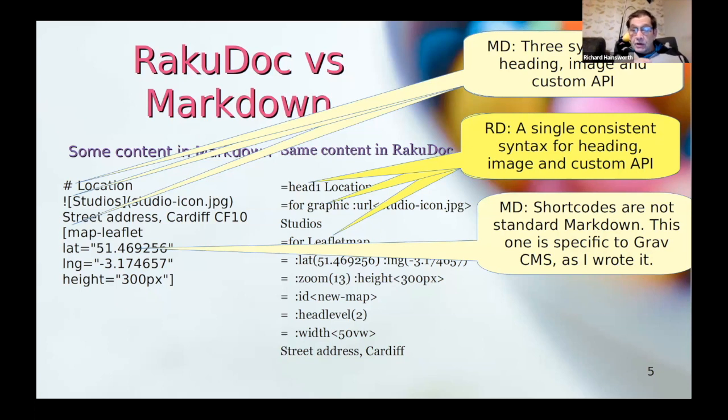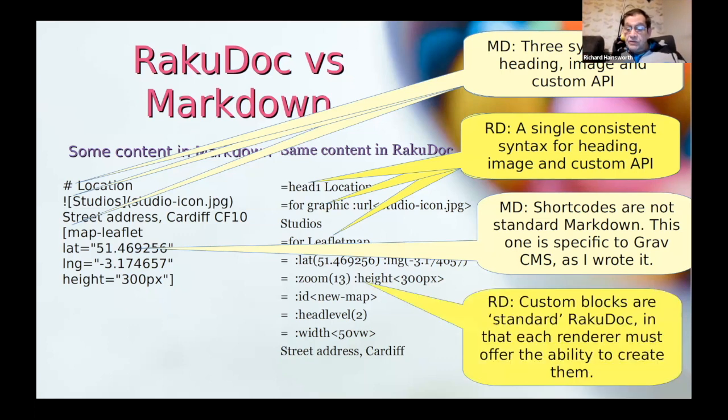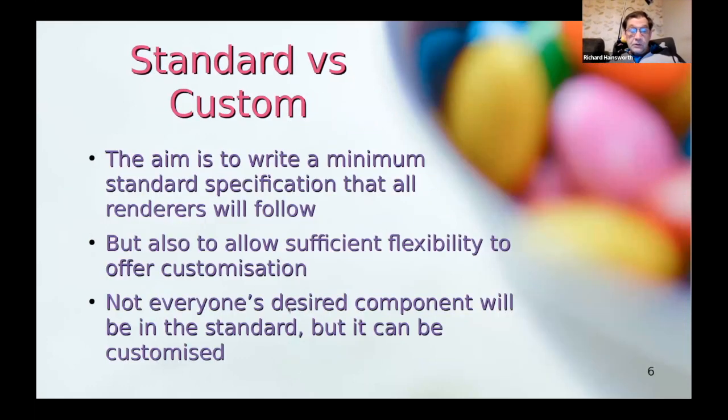Now, shortcodes are included in WordPress and in Grav CMS. They're not a part of the original Markdown specification, and therefore you will see variations in how these shortcodes are used. And here, the custom block is just a standard RakuDoc block.